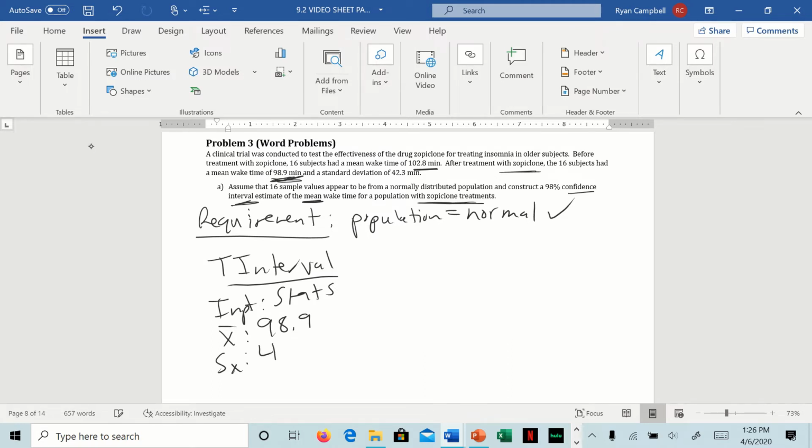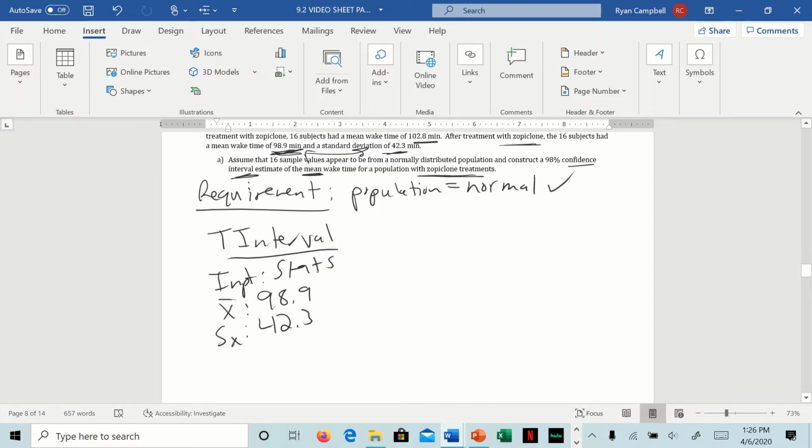The standard deviation is the one that goes with this mean, right? So that's another way you could tell. This standard deviation doesn't go with the 102 mean. It goes with the 98.9 mean. So that's another way we could tell that that was the mean we needed to use. n is 16. And then the C level, they said 0.98.